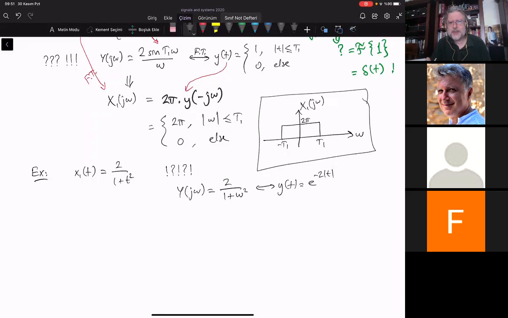Did we take the Fourier transform of e to the minus something in magnitude? Maybe I just missed it. I didn't go through this example, perhaps.